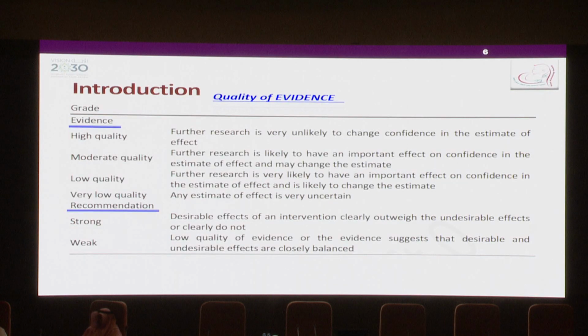For the purpose of this clinical practice guideline, we look into the evidence with high quality, and we define what exactly we are looking for: the high quality, the moderate quality, the low quality. At the same time, we look into the recommendations, and we defined what exactly the recommendation we look for, which is the strong and the weak.